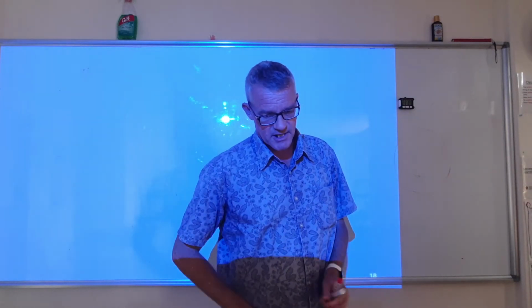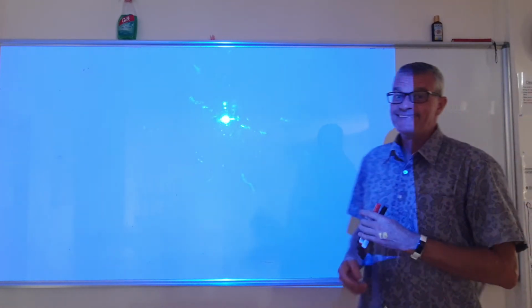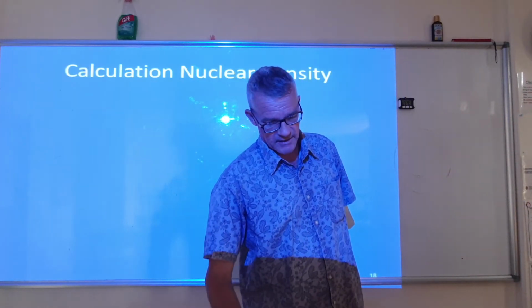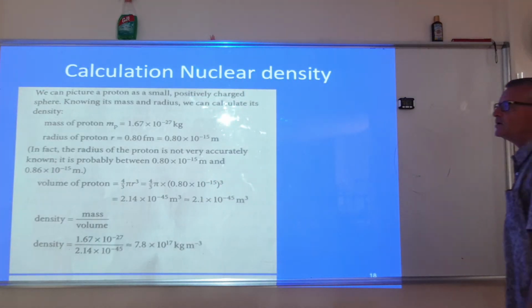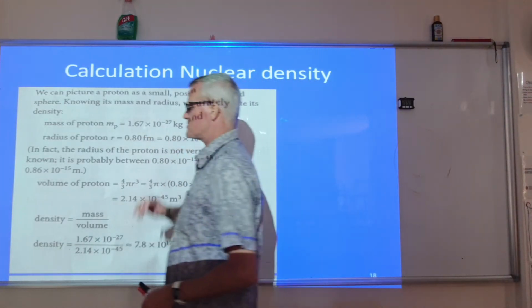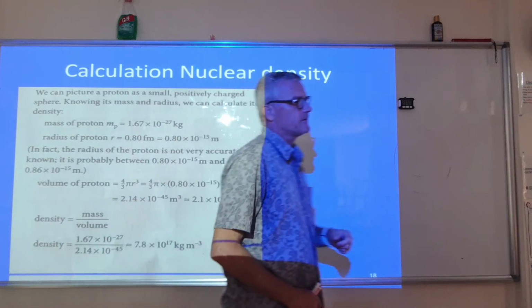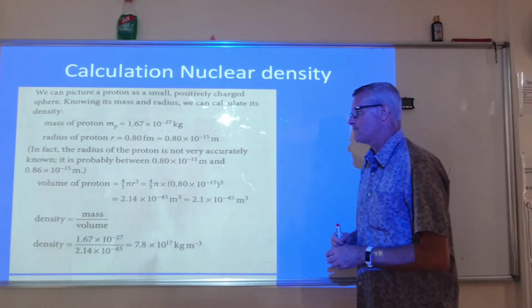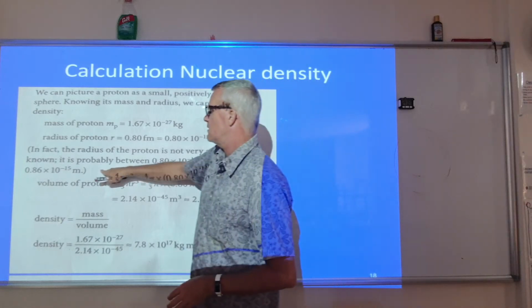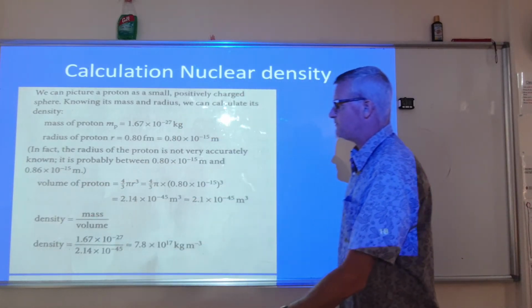Now it's interesting to know how we can calculate the density of the nucleus. And you can look in your book. Now, we know what the mass of a proton is. We know what the radius of a proton is. We can then calculate the volume of a proton.